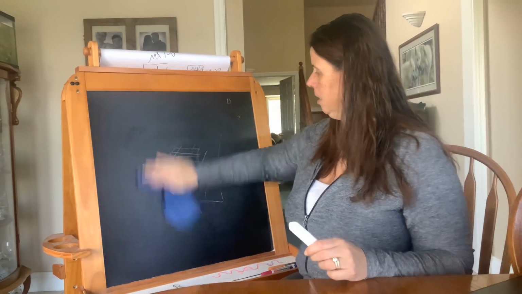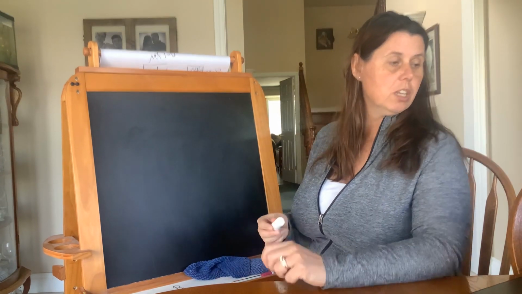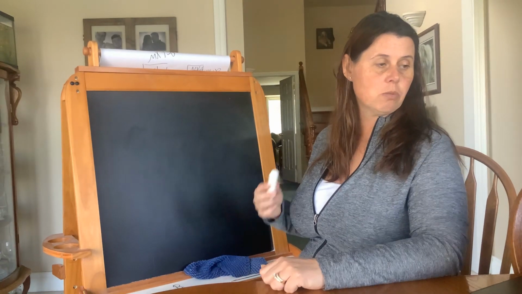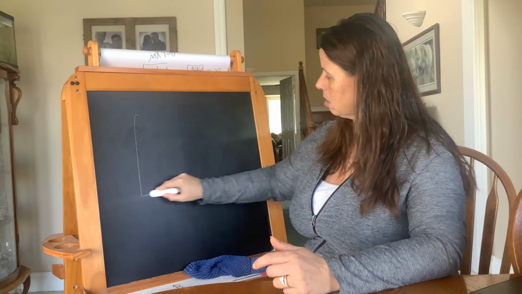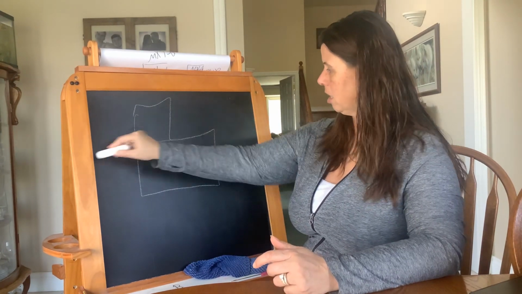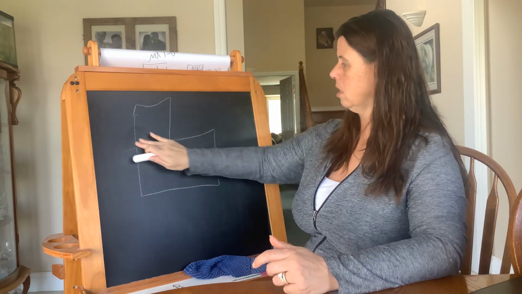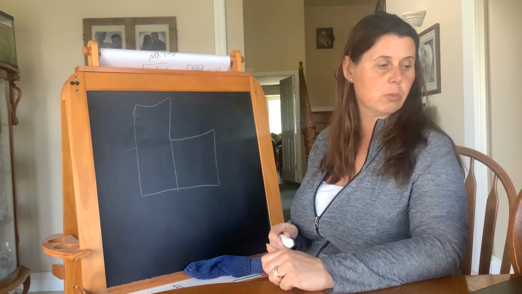Question 3. Okay, draw a line to cut each figure into 2 rectangles. Couldn't be easier, right? The first one looks like that. Well, I could cut it there. I could cut it there. Doesn't matter. You can figure it out either way.